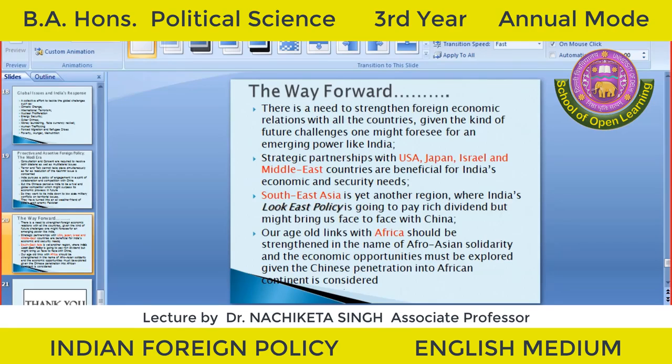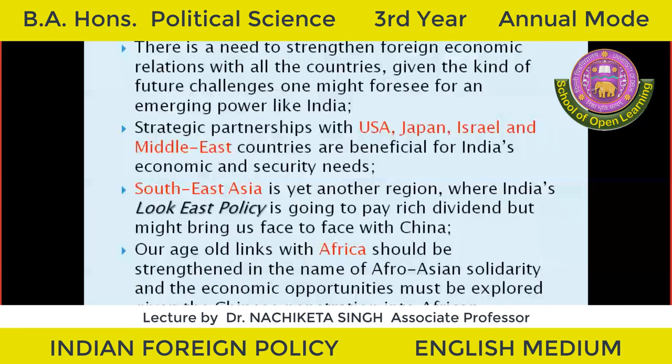For example, we have discussed that security interests or security needs are part and parcel of the foreign policy concern of a country. So, as far as India's security is concerned, how do you think India should have put in place a policy which would ensure its maritime security?